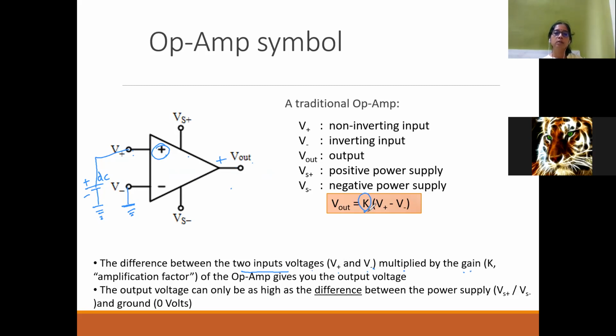There the term gain of the circuit will come, and that gain will be decided by the external components, generally resistors.